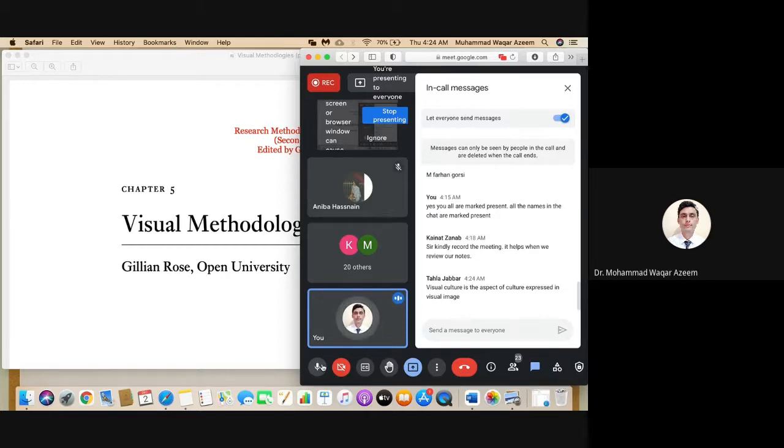That is one thing. But our take today with reference to this chapter is a little different. It's not just that the aspect of culture represented through images is visual. Rather, our take is that culture in its totality is turning into visual now, right?